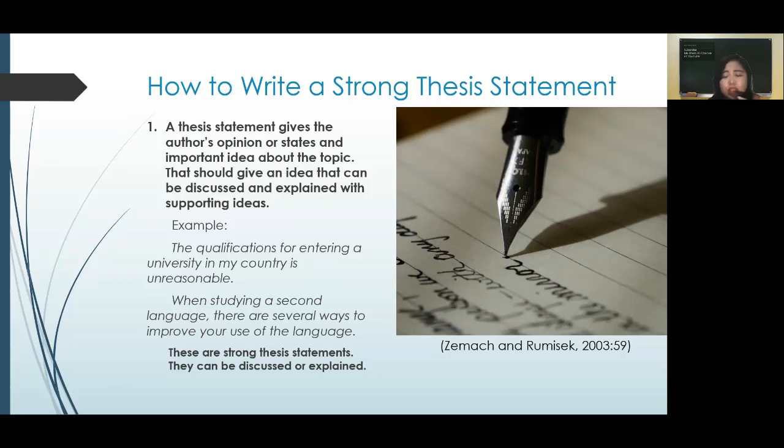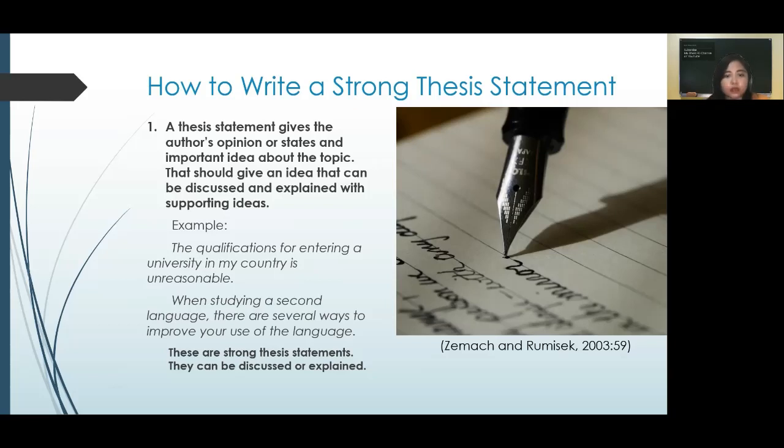This is really relative, based on the author's opinion. Maybe for other authors, that's reasonable. So this thesis statement can be discussed and explained by the author or the writer.